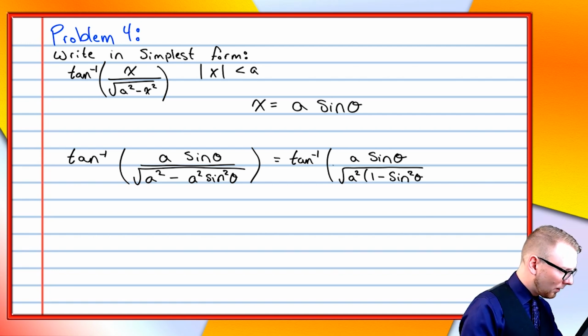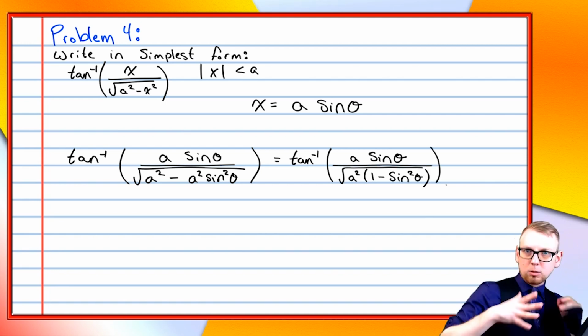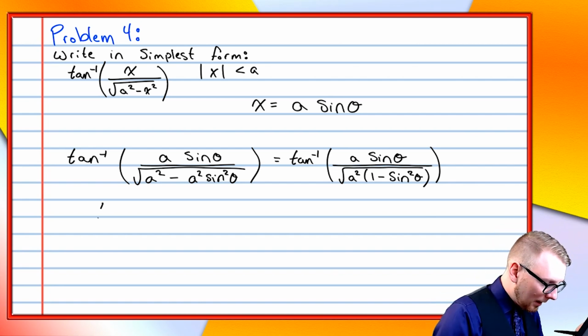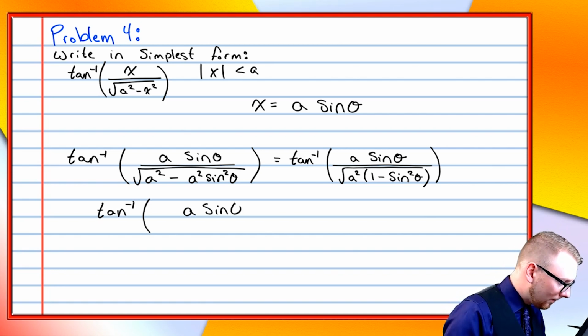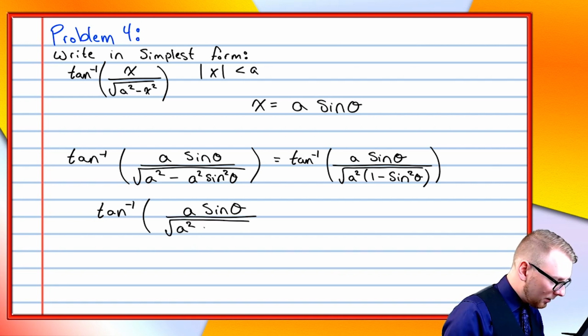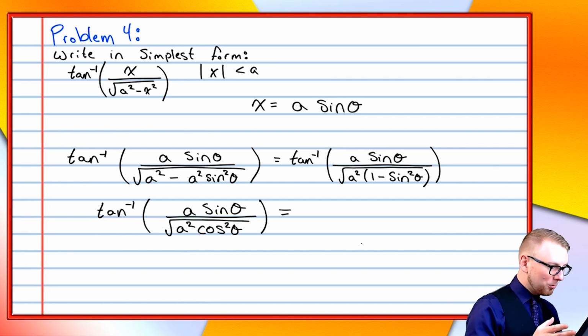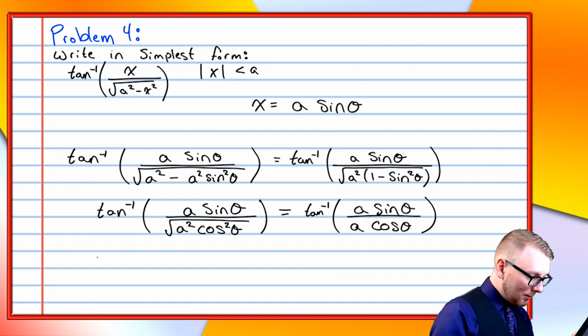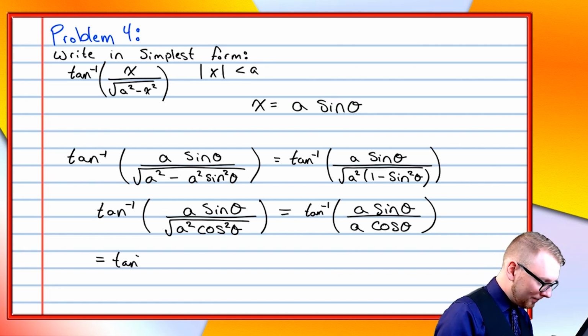What's 1 minus sine squared? Well, from our trig identities on our reference sheet, it is cosine squared. So that means that we have tan inverse of a sine theta over the square root of a squared cosine squared theta. We could take the square root of the squares. We've got tan inverse of a sine theta over a cos theta. That means we've got tan inverse.